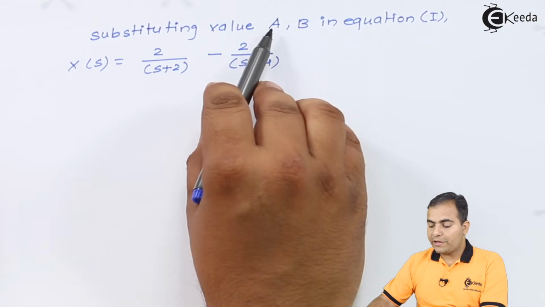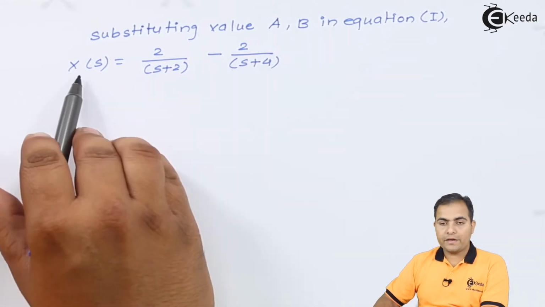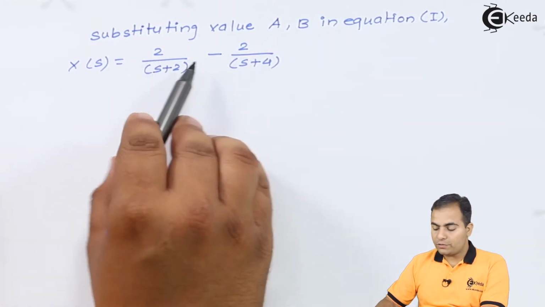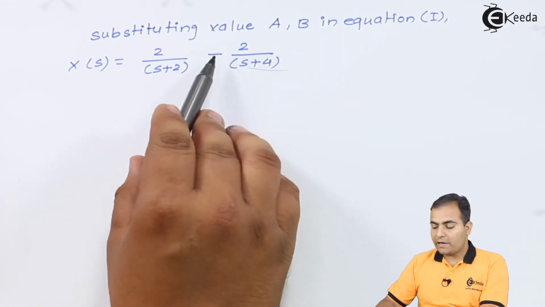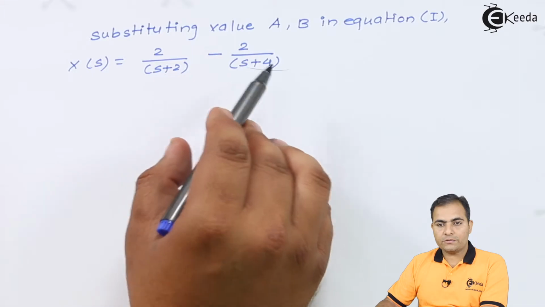So after substituting the a and b values in equation number 1, what have we got? X of s is 2 upon s plus 2, and in place of b we have minus 2, so this part will become minus 2 upon s plus 4.